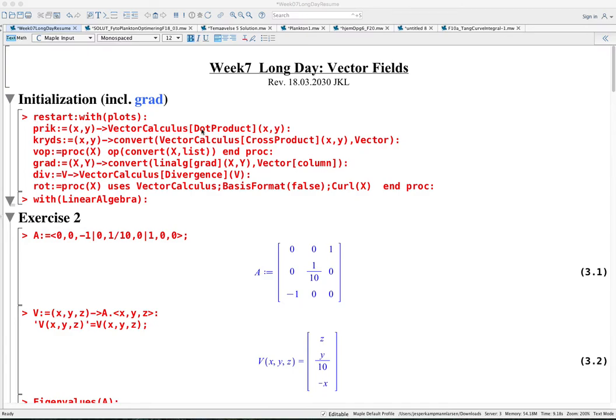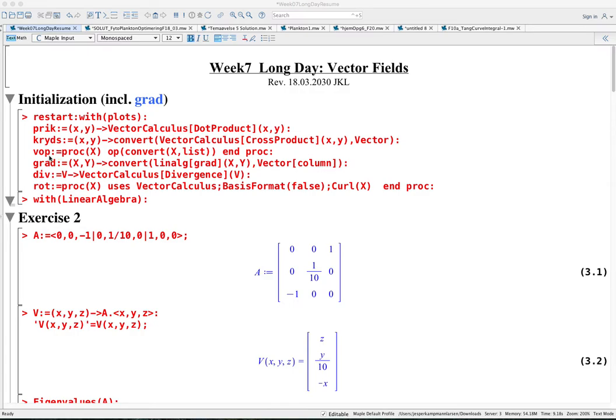The dot product in Danish is called the prikprodukter, and it's abbreviated prik, and you can use this in order to get the dot product.